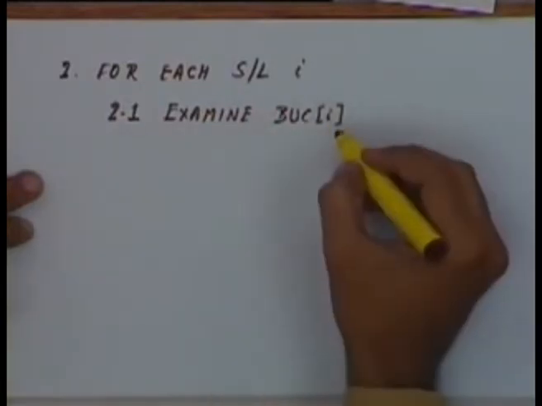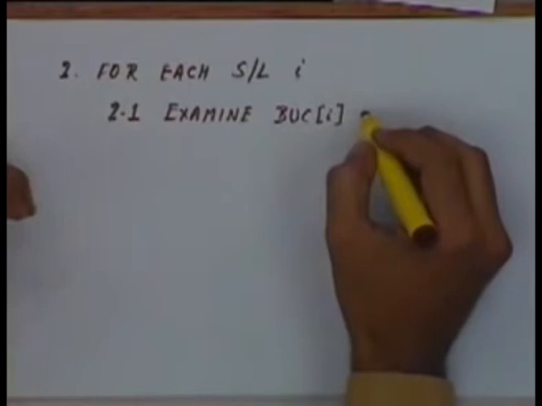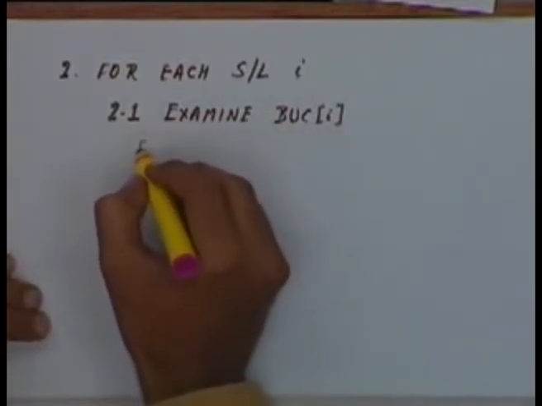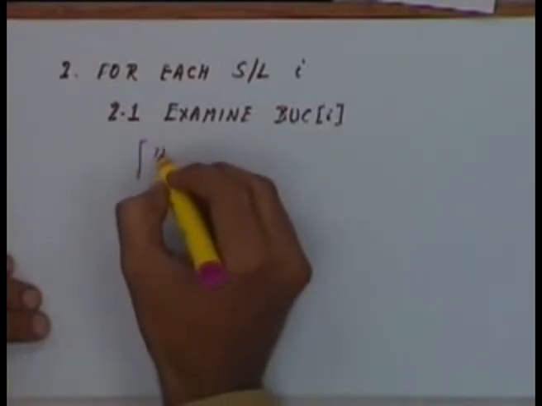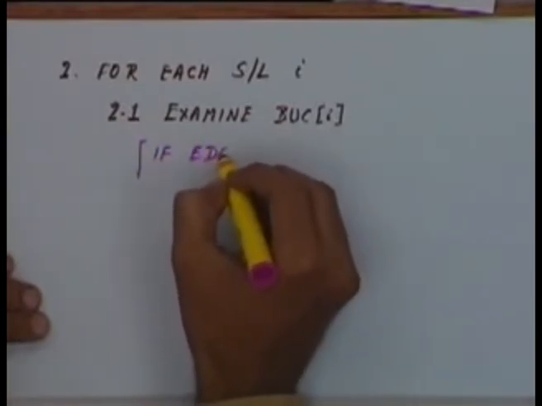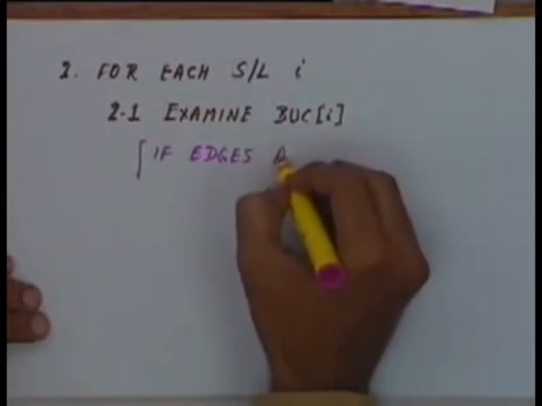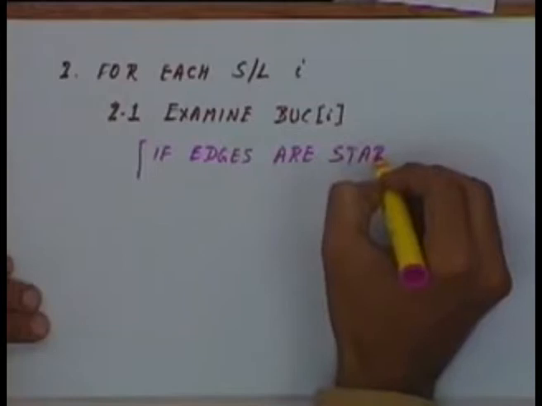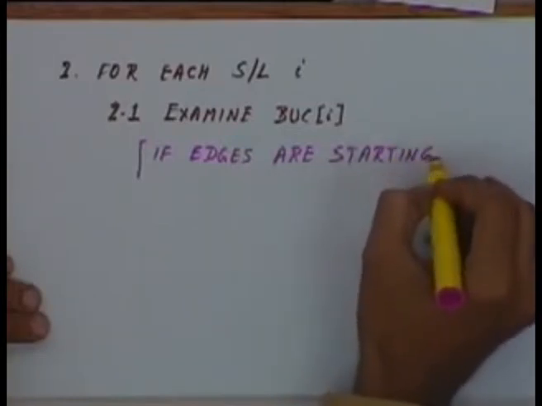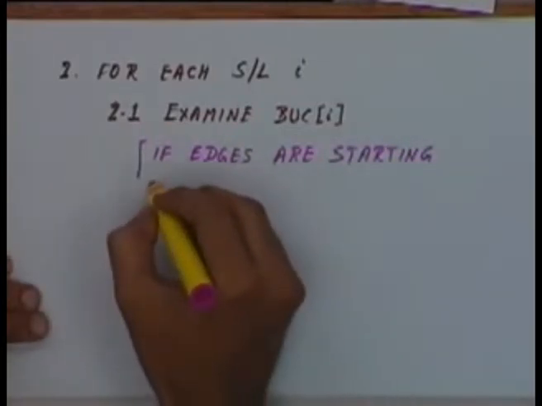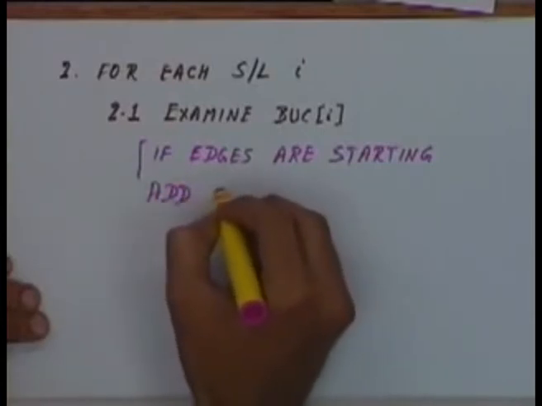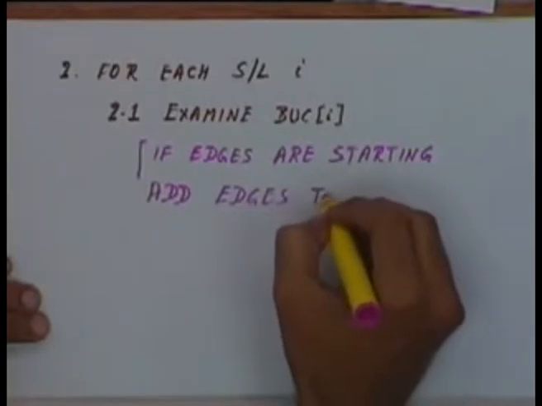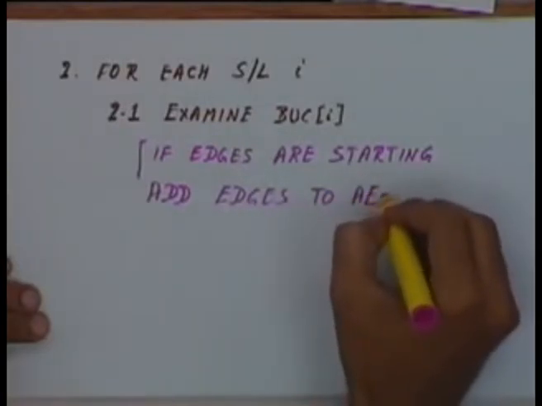So if there are any edges which are starting at that scan line, what will we do? If edges are starting, then we will add the edges to the active edge list.